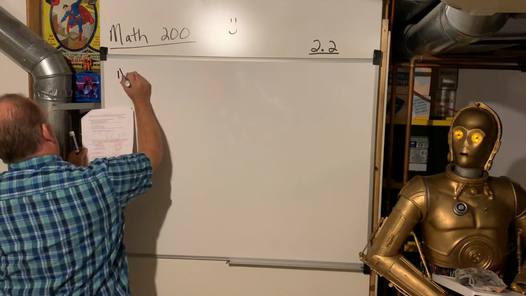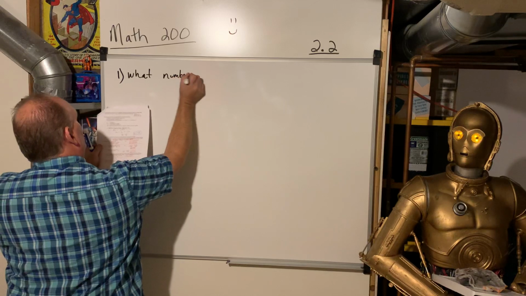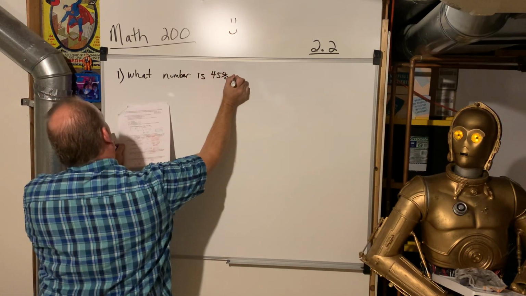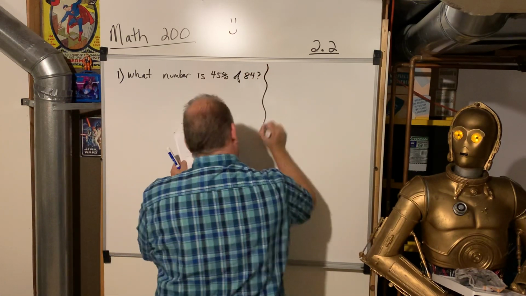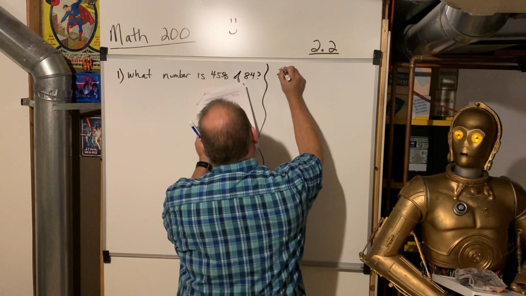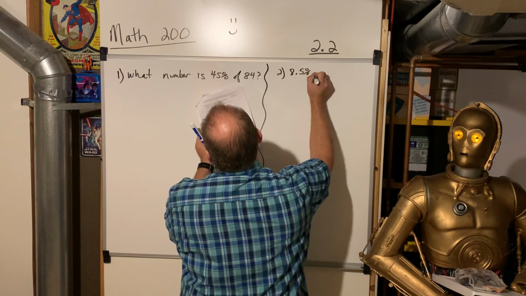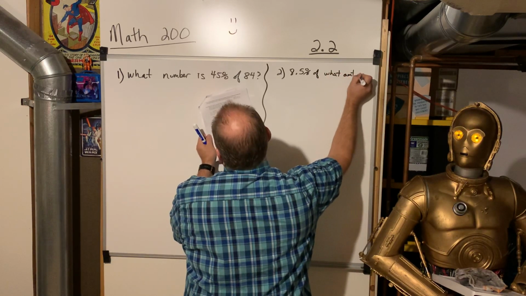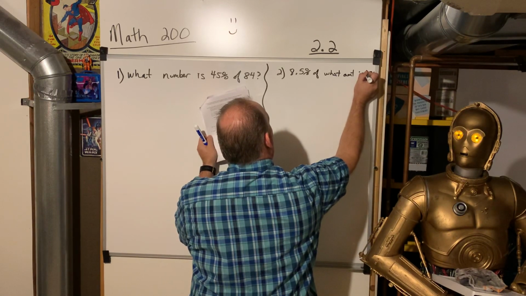Number 1: what number is 45% of 84? Number 2: 8.5% of what amount is $4.76?